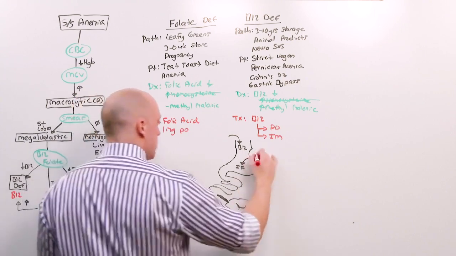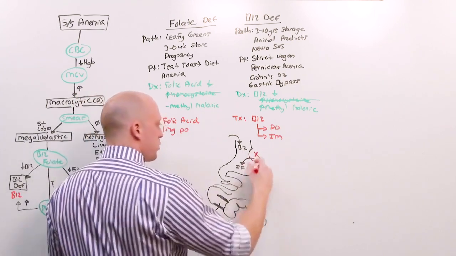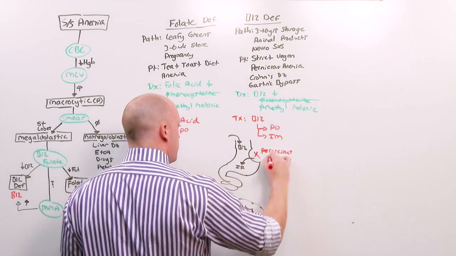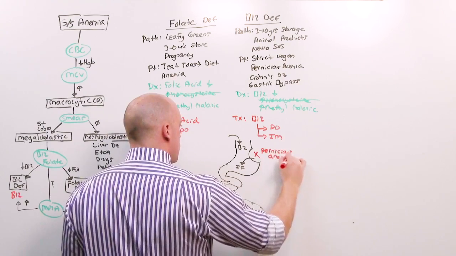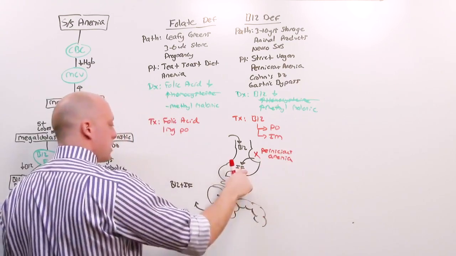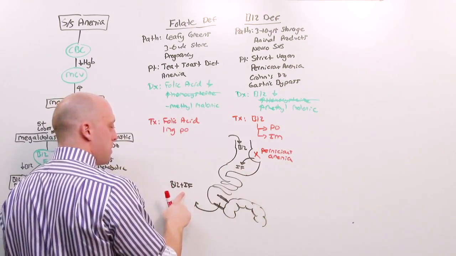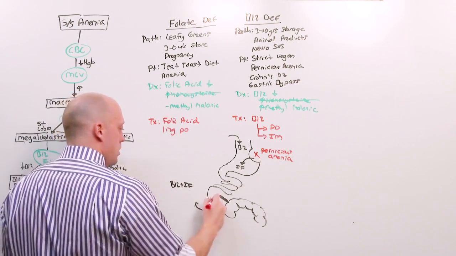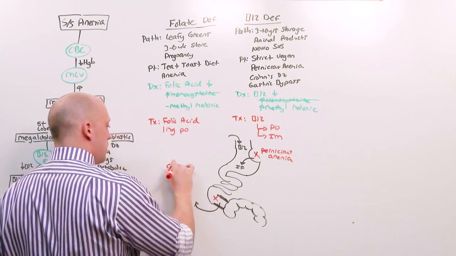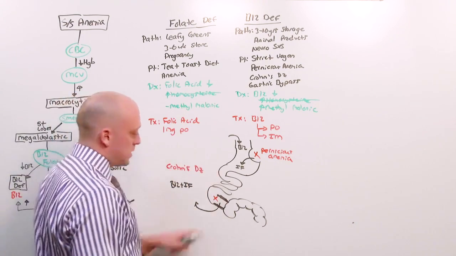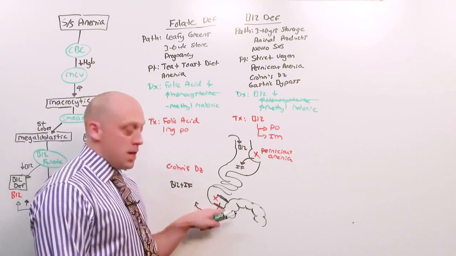In pernicious anemia, IgA attacks the parietal cells, killing them. If you don't have parietal cells, you don't have intrinsic factor. If you don't have intrinsic factor, you don't have the combination which is required to be absorbed. In Crohn's disease, inflammatory bowel disease, it has a predilection for the terminal ileum.